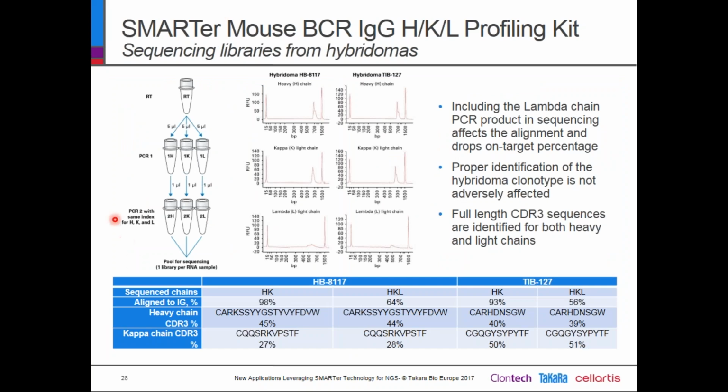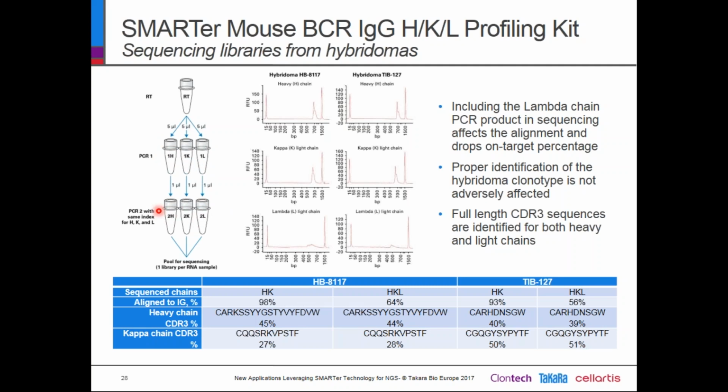Something that is important in this protocol is that we provide flexibility to the user depending on what you want to study. You can do the RT step in only one tube, and then split this to do the PCR1 separately for each of the chains that you are interested in.